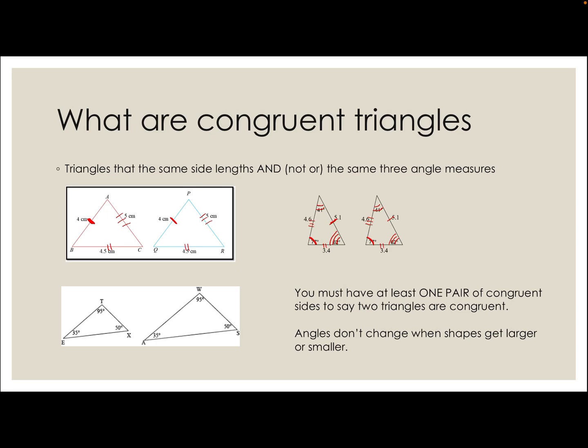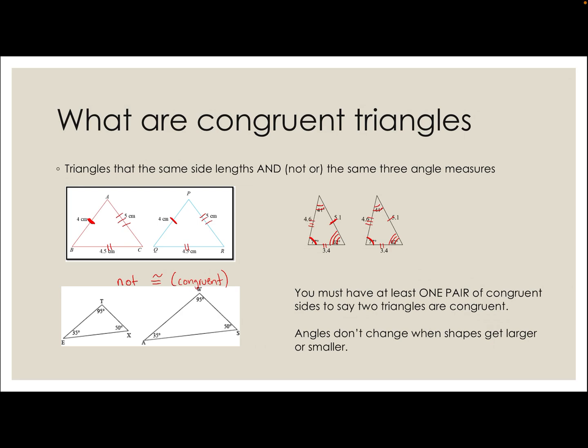In this last one, we have a small triangle that's TXE and a larger triangle that's WSA. These are not congruent because they just have the same 3 angles. Similar triangles have all 3 angles that are the same, but their sizes could be different.